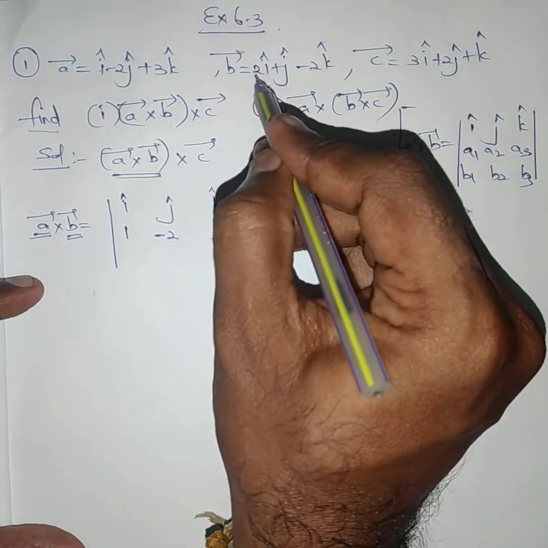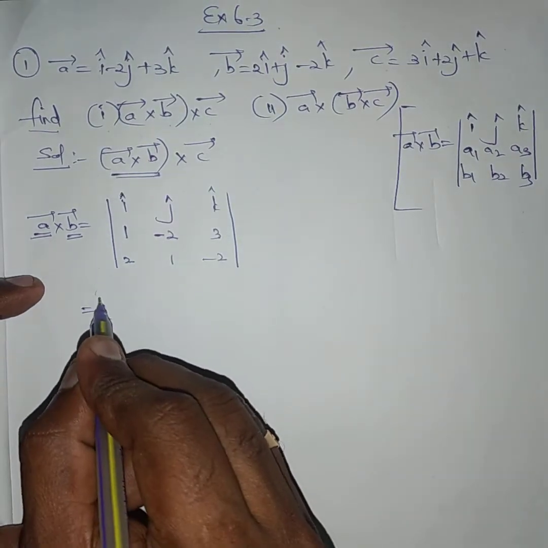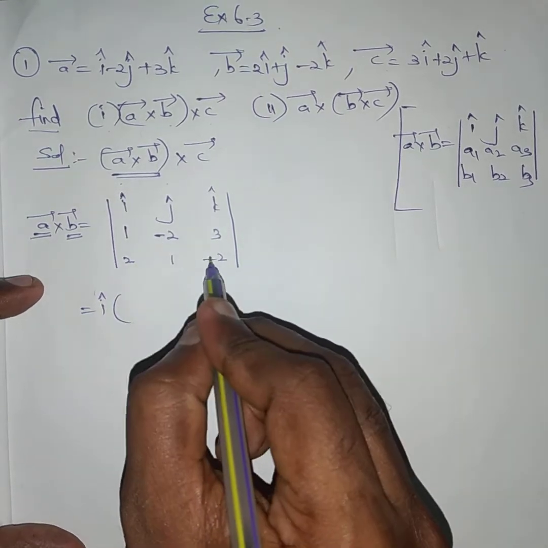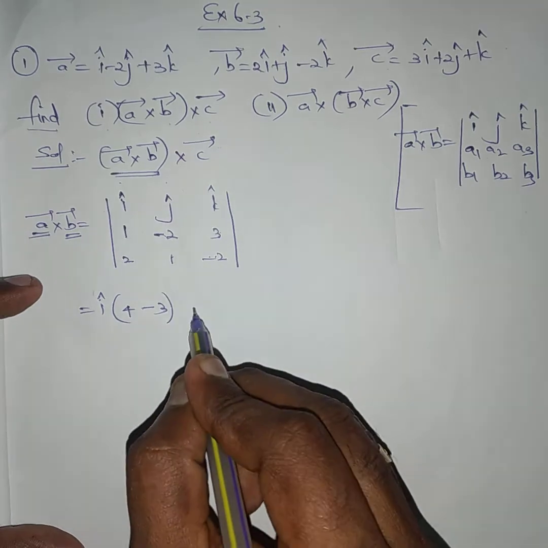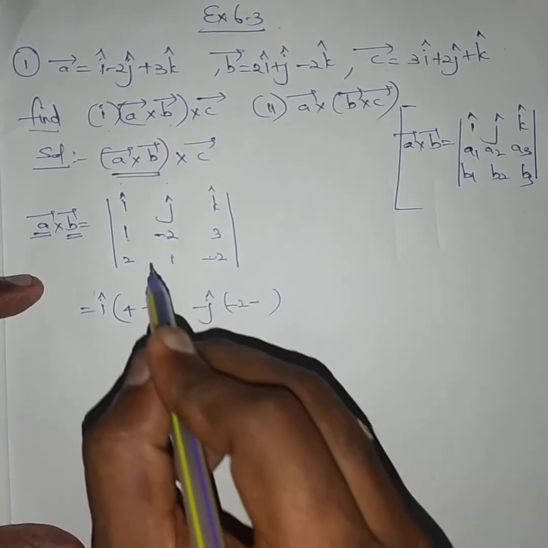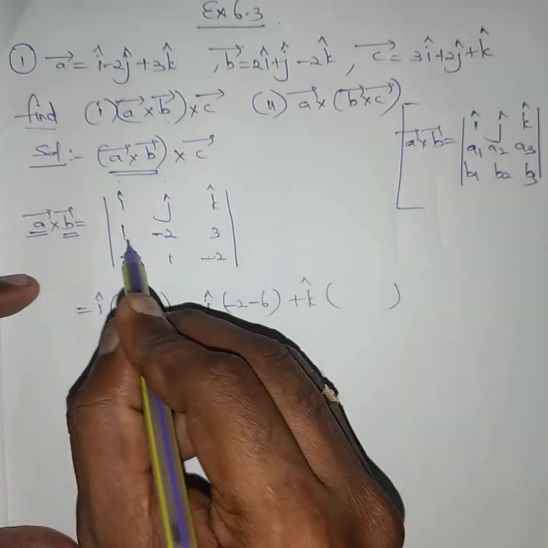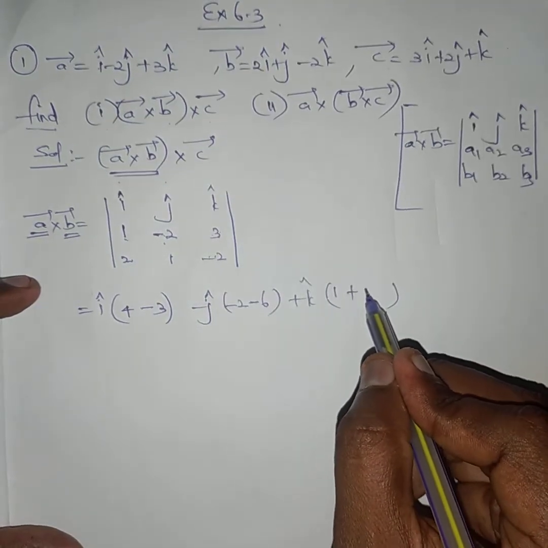Next B vector, 2, 1, -2. So this is nothing but plus minus plus I cap, minus into minus plus, 2 2s are 4, minus 1 into 3 is 3. Next minus J cap, 1 into -2, always minus, 2 3s are 6. Next plus K cap, 1 into 1 is 1, always minus, 2 into -2, -4, which becomes +4.